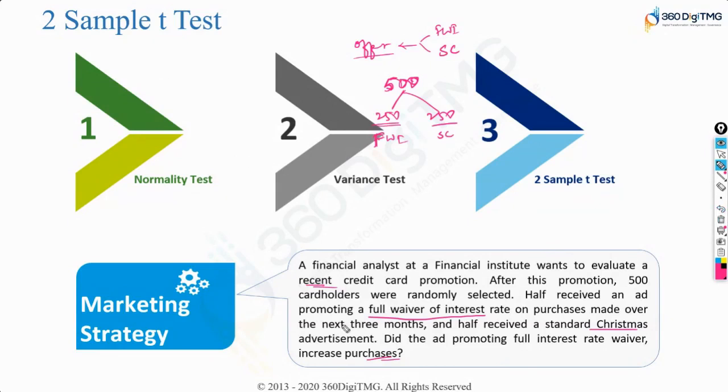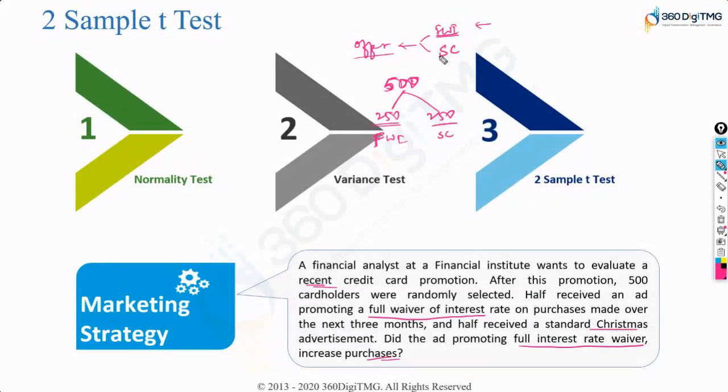The recent credit card offer is the full interest rate waiver offer, and the bank wants to launch it only if it makes sense, only if it makes a difference or brings profits. If customers use the card more when this offer is given, then it makes sense to launch it. Otherwise, there's no point in marketing, advertising and launching that offer.